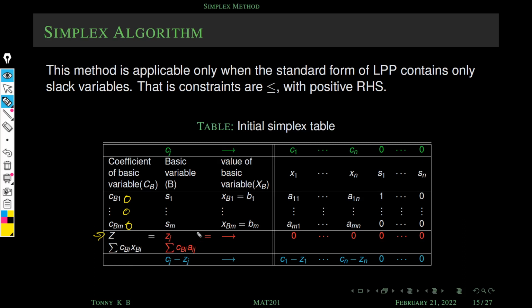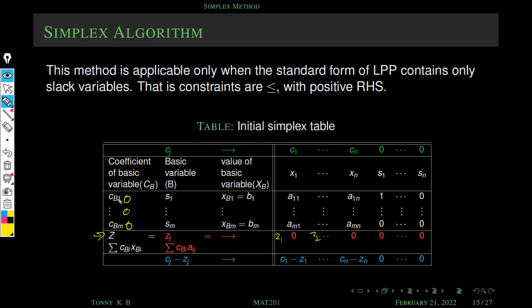Next, we have to compute Zj corresponding to every column. How to compute this Z1? This is Z1, the second one is Z2, etc., like that. Okay. So how to compute the first one? Using this formula, sigma CBi Aij. This is our CBi column. Aij means the first column when j equal to 1, the second column when j equal to 2, like that.